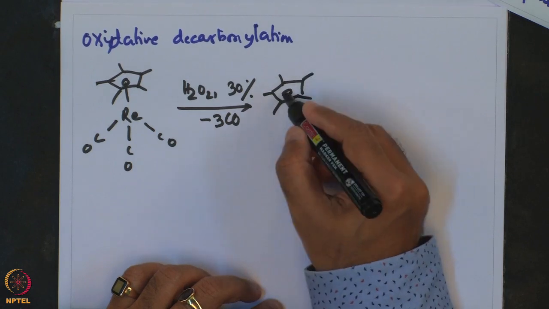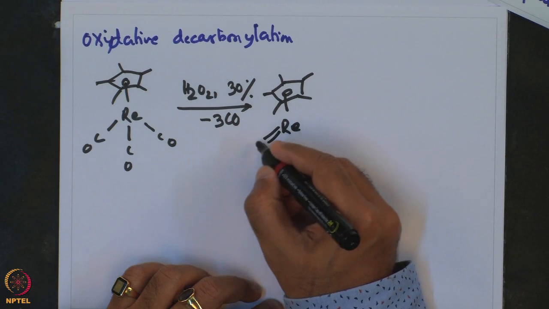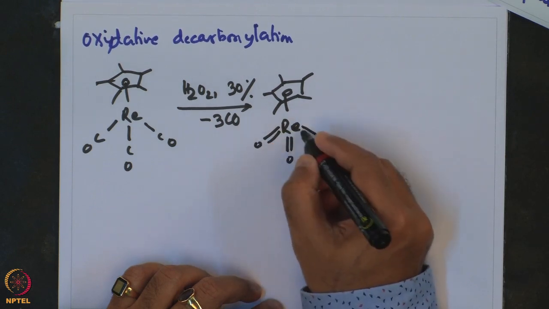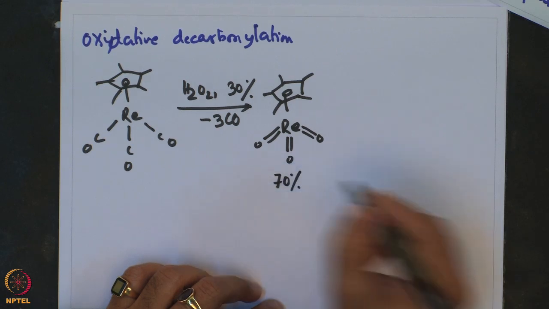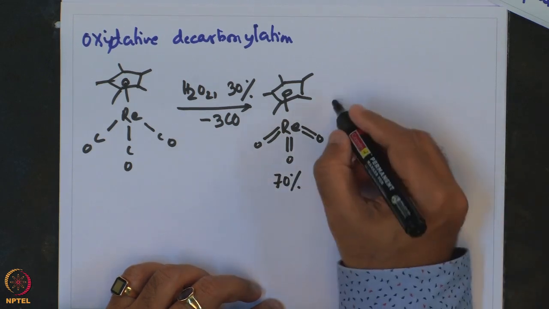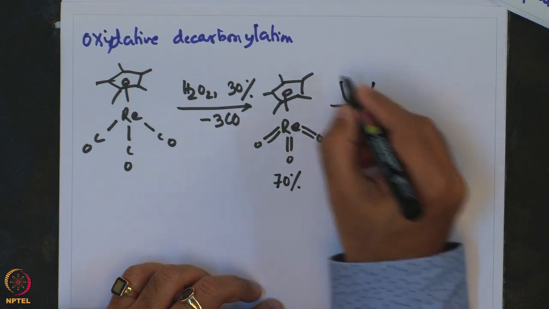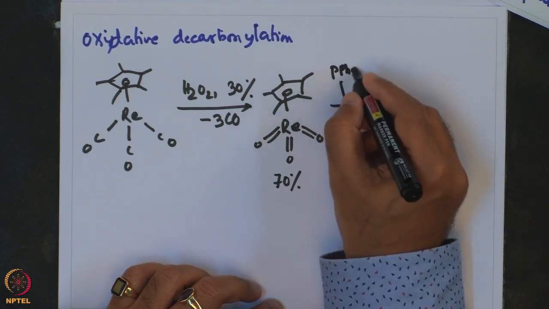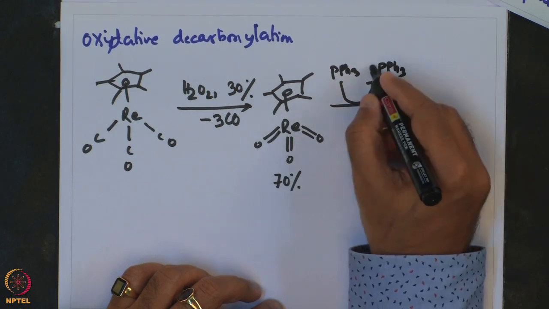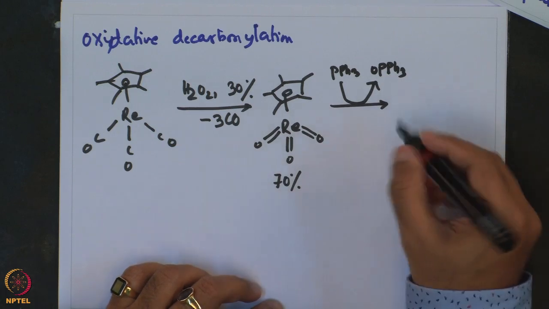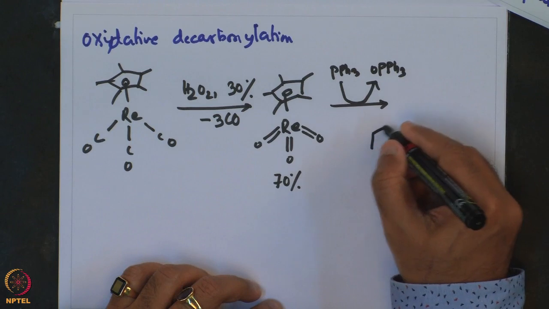to give the Cp star rhenium trioxo compound in 70% yield, which in presence of phosphine gives the corresponding phosphine oxides to give this dimer.